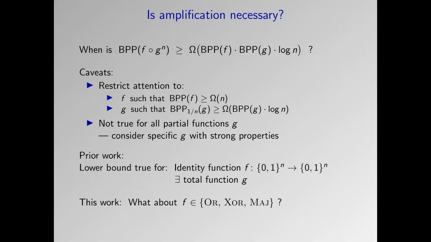Namely, we'll look at these very basic functions, OR, XOR, which outputs the parity of its input bits, and majority, which outputs 1 when over half the input bits are 1. A common theme when investigating composed functions in complexity theory is that if it's too challenging to consider arbitrary f and g, we can instead make progress by first focusing on some interesting specific f or specific g. That's what we're doing here.